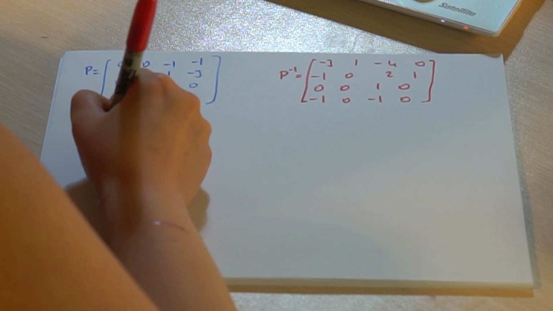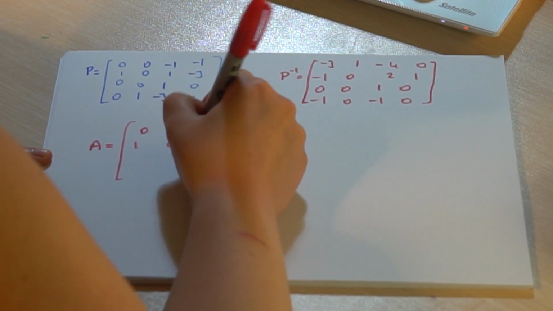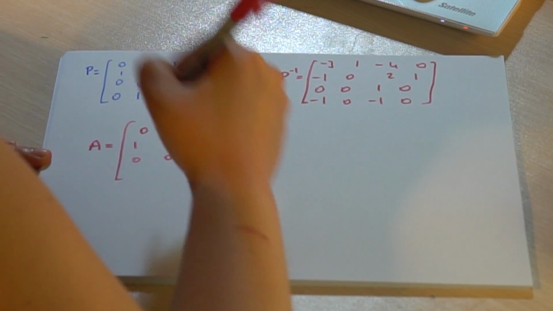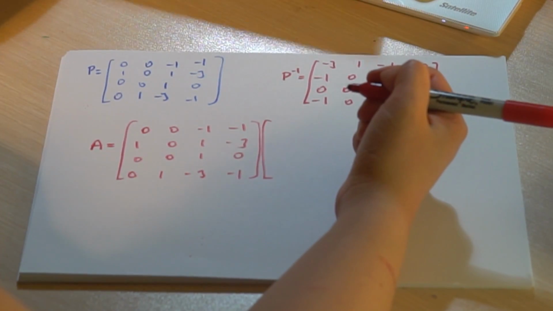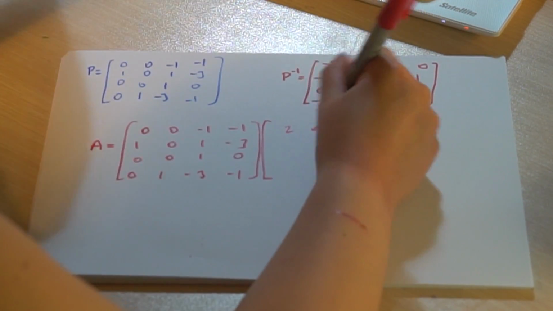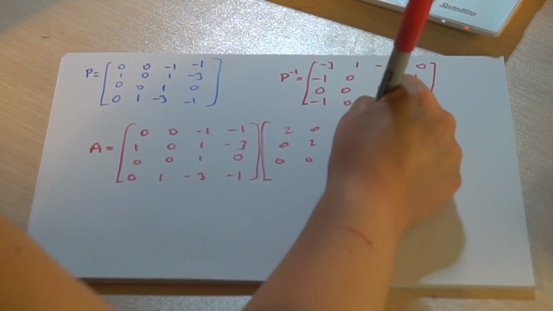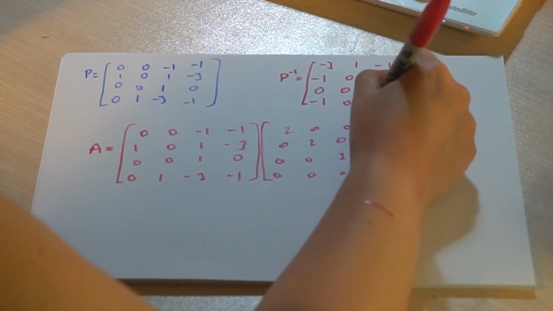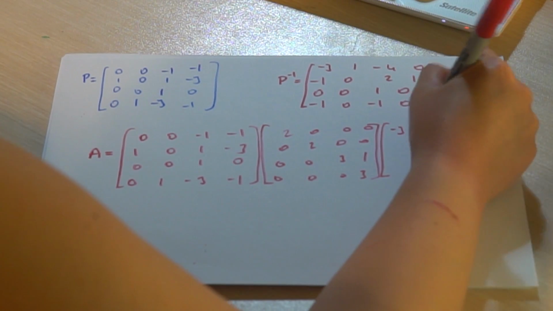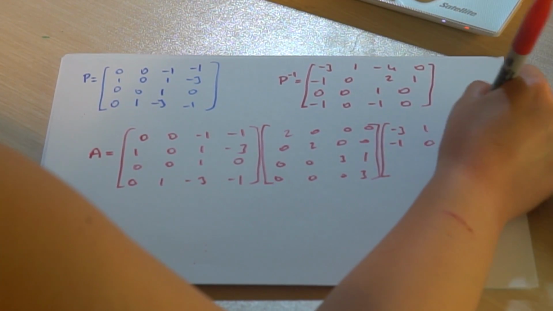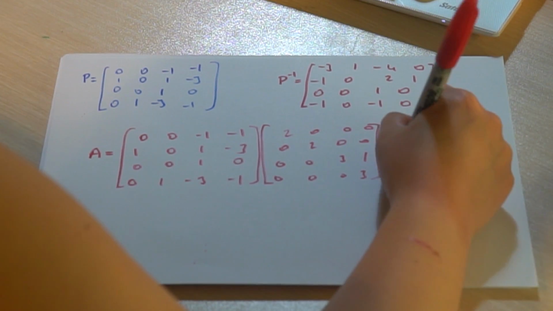And A will be equal to 0, 0, minus 1, minus 1, 1, 0, 1, minus 3, 0, 0, 1, 0, 0, 1, minus 3, minus 1, and the Jordan form was 2, 0, 0, 0, 0, 2, 0, 0, 0, 0, 3, 1, 0, 0, 0, 3, times P inverse, minus 3, 1, minus 4, 0, minus 1, 0, 2, 1, 0, 0, 1, 0, minus 1, 0, minus 1, 0.